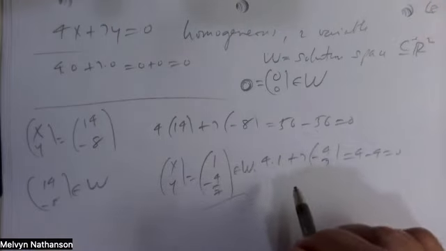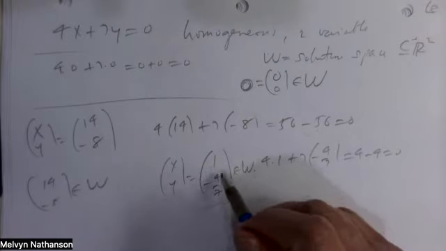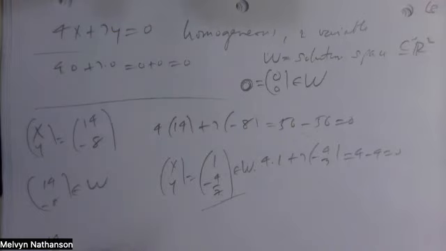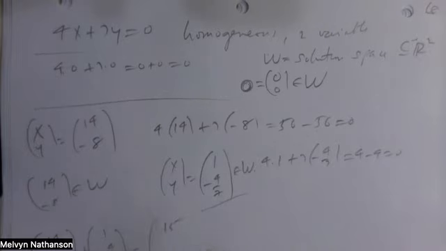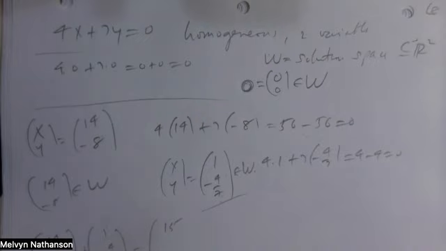So this is also a vector in W. Suppose I add these vectors, 14, minus 8 plus 1, minus 4/7. What do I get when I add them? I get 15. 14 plus 1 is 15.